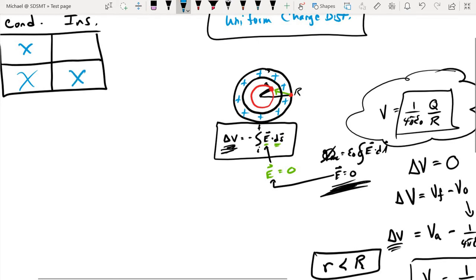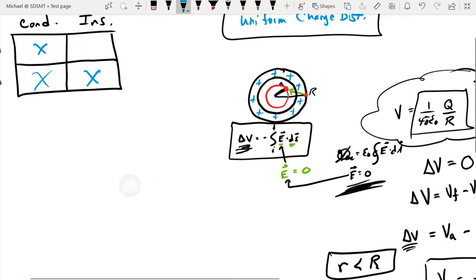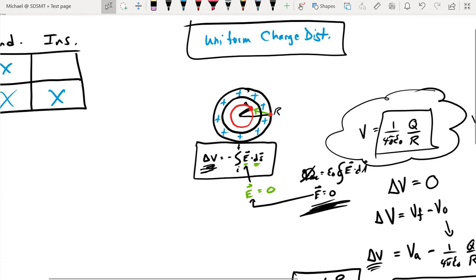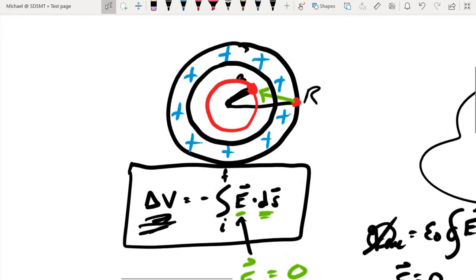Now we try an insulating shell. The only trick here is we need to get the charge spread out in a uniform distribution, but once we do that, we have exactly the same picture. And as far as the distribution of charge goes, trying to measure the electric potential at a radius of A, we're inside the sphere.